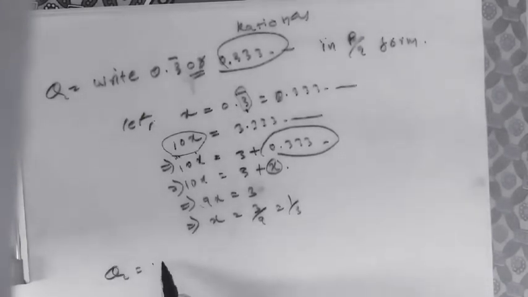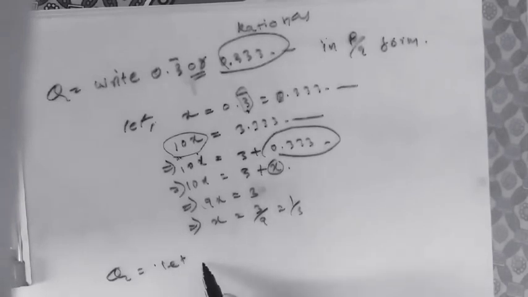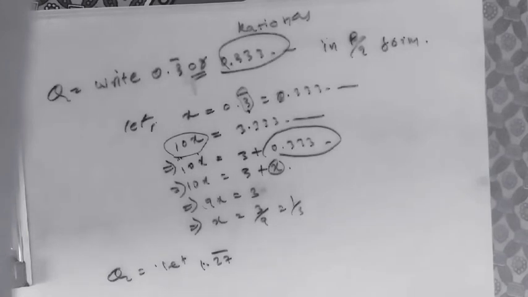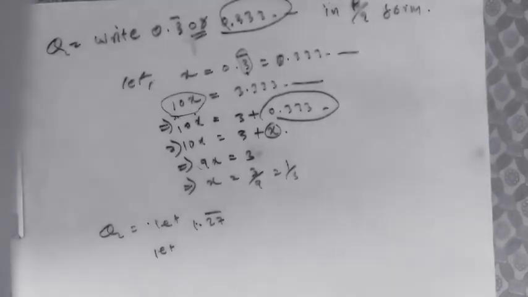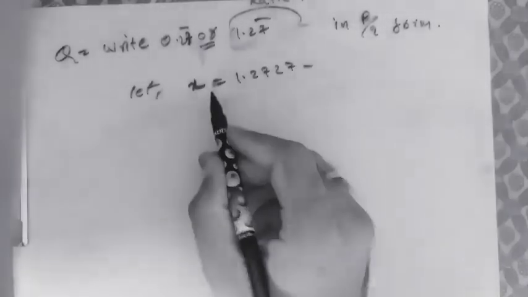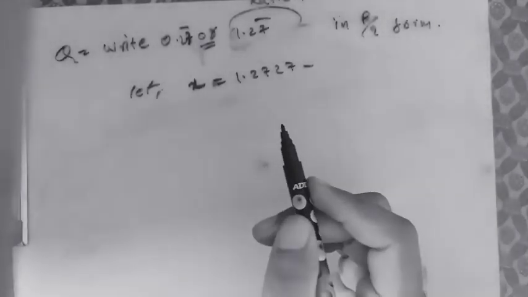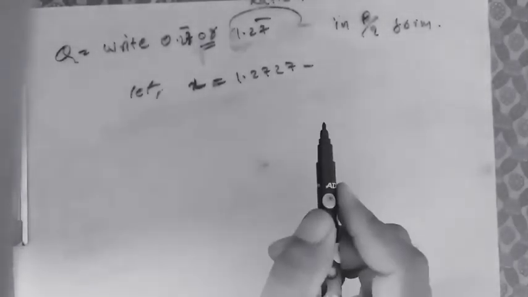Simply, we can take another example. Let the number be 1.27 bar. We take an example in which 2 digits are repeating. So we take x is equal to 1.272727.